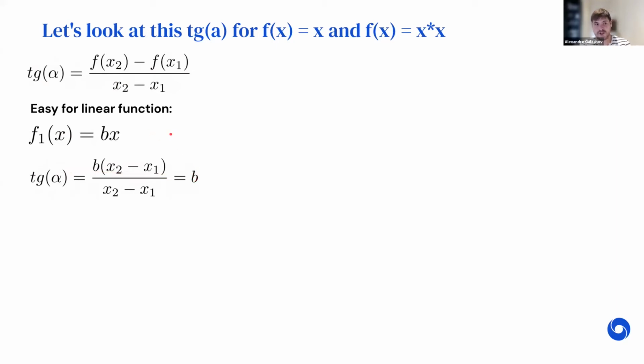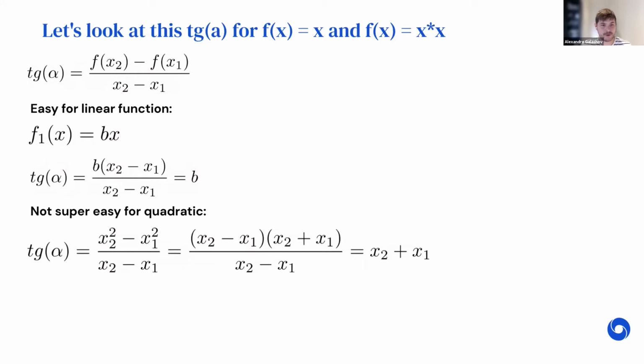So if f of x is equal to x, then b is equal to 1, and you remember we saw that the change between any 2 consecutive points was constant, equal to 1 in that case. Here it would be equal to b. So it's consistent with what we've already seen, which is good.